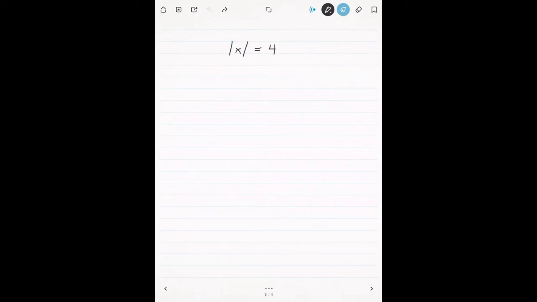So this mystery number x, if we have a number line, it is going to be 1, 2, 3, 4 units away from 0. It's going to be 4 units away. Well, what number is x then? What value is 4 units away from 0?